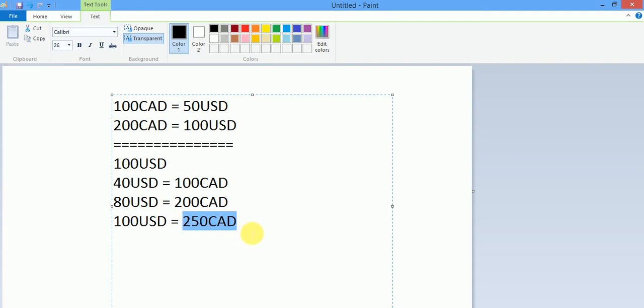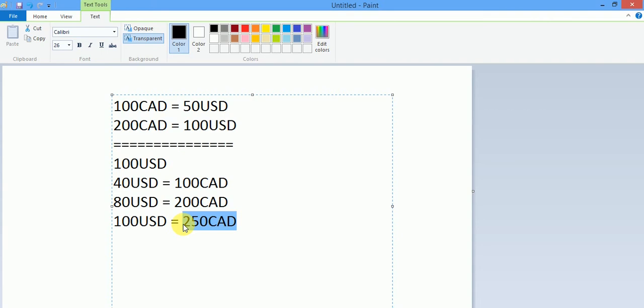So when Peter changed his 100 US dollars, he's getting 250 Canadian dollars. Remember, initially he had 200 Canadian dollars. Now when the Canadian dollar gains value, he has 250 Canadian dollars. I hope we are following. If you didn't really get this illustration, please watch this particular section over and over again.